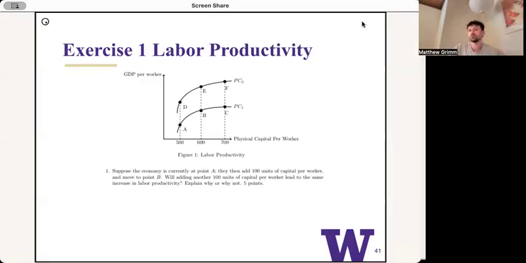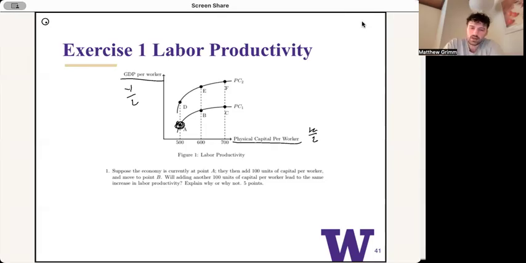Now we're going to go through a couple exercises like we always do, and then we'll wrap it up. So in this first exercise, we're talking about labor productivity. What do we have on the graph? We have labor productivity on the x-axis and GDP per worker, which remember we talk about Y over L. On the Y, this is physical capital per worker, so this is K over L. So suppose the economy is currently at point A. We're right there, sweet.